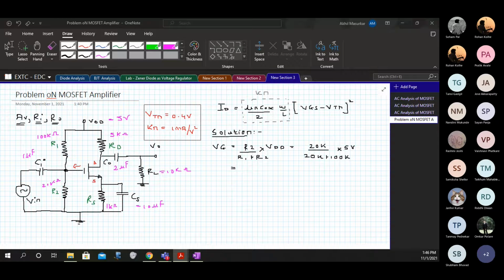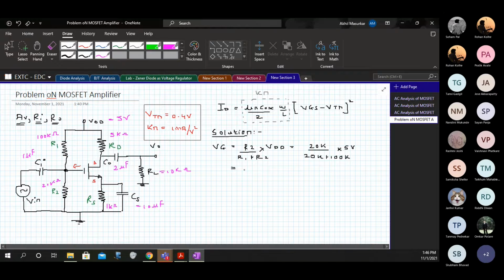The value seems to be correct, but I want one or two more confirmations. And mind it, this is the same problem that we will be solving in our lab. So half the work for the lab is being done today only. Okay, that is correct. 0.8333 volts.